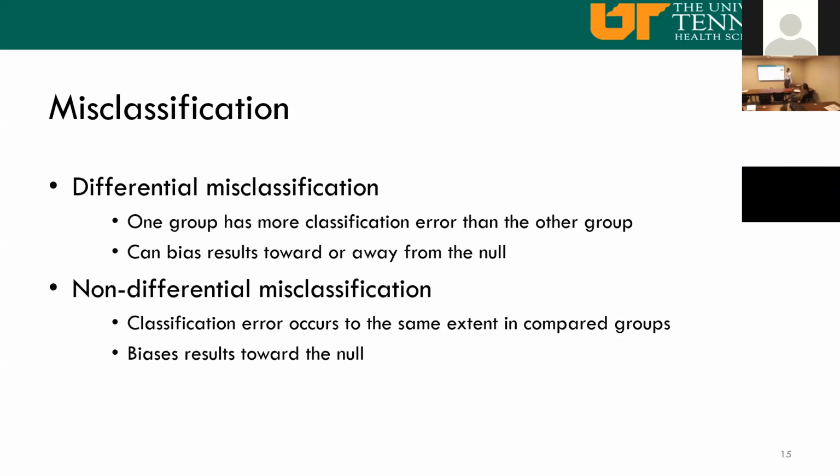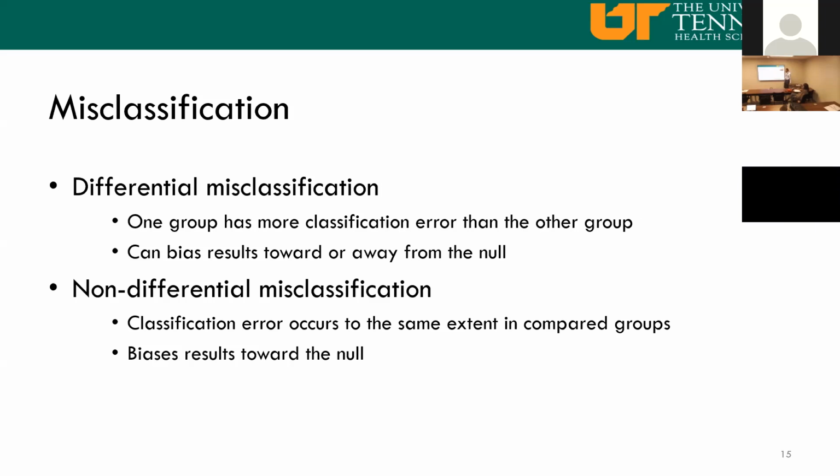Misclassification is divided into two types, differential misclassification and non-differential misclassification. Differential misclassification means one group has more classification errors than the other group, and it can bias results toward or away from the null.